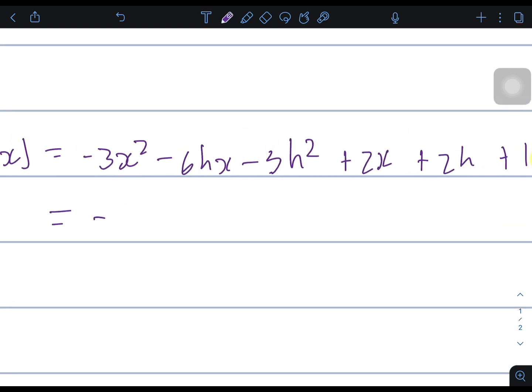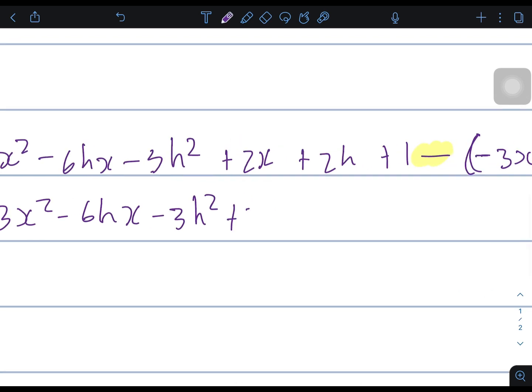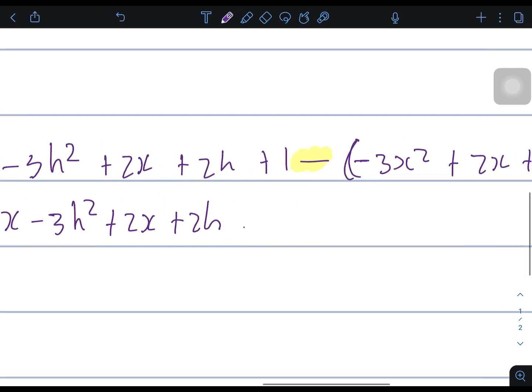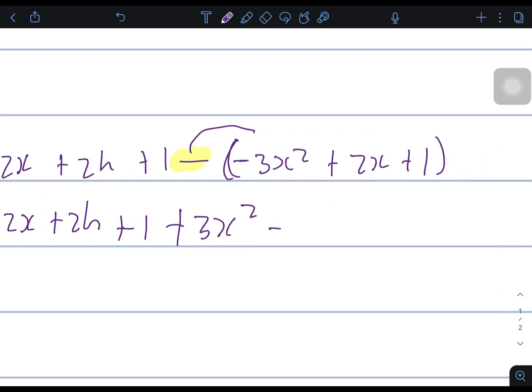So we simplify: minus 3x squared minus 6hx minus 3h squared plus 2x plus 2h plus 1, and multiplying the negative gives plus 3x squared, then minus 2x, then minus 1.